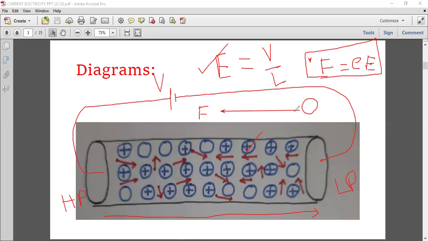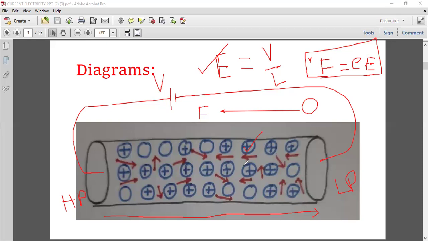What will be the direction of this force? Opposite to the electric field. Now, due to this force, they will accelerate towards the higher potential, but they will not accelerate continuously. Why? Because when they accelerate, they pass through the vacant spaces between the positive ions.